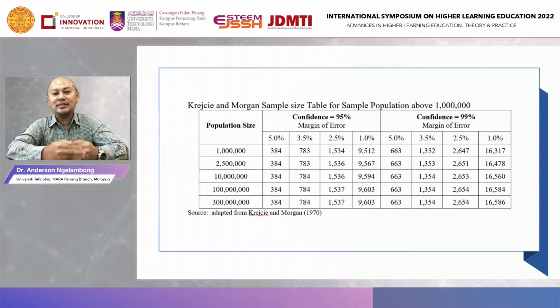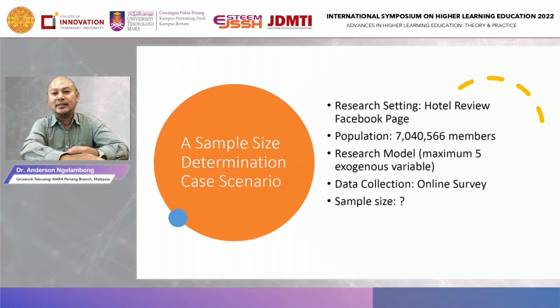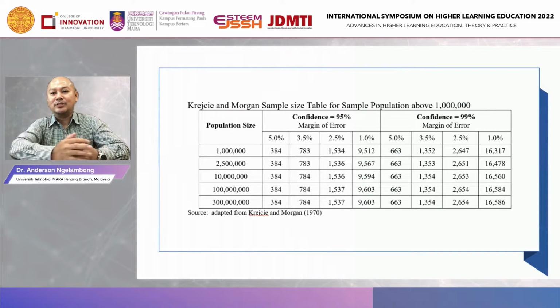For this example, going back to the previous slide, the population is over 7 million, and for 7 million you should get 384. But that is based on a confidence level of 95% and 5% significance. It can increase to over 9,000 if you want a margin of error of 1%.